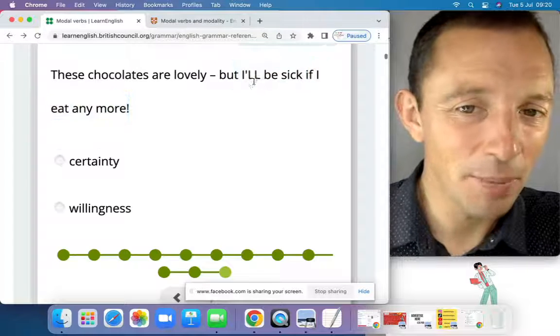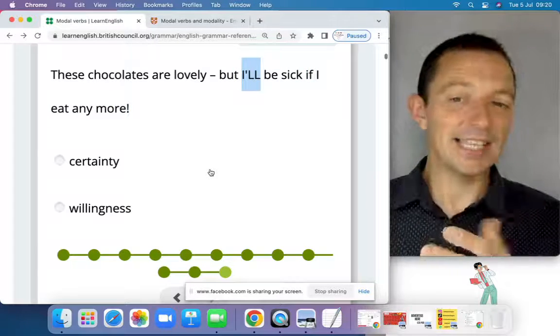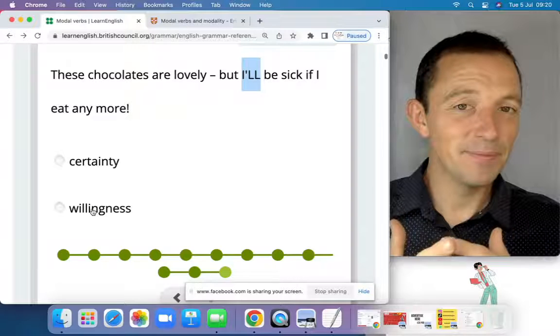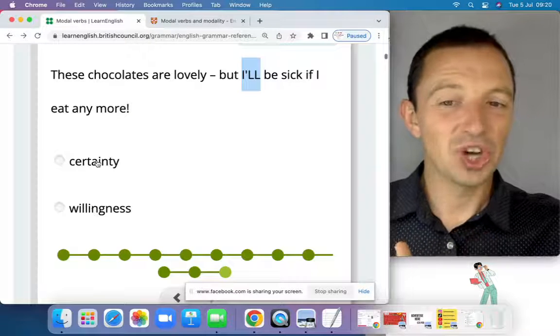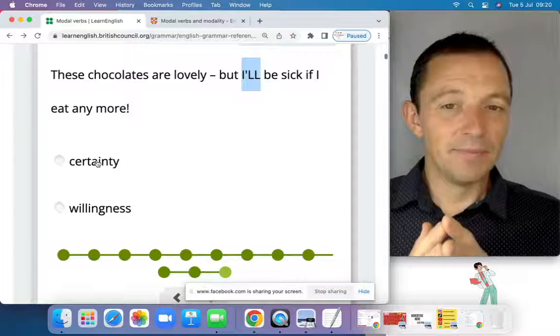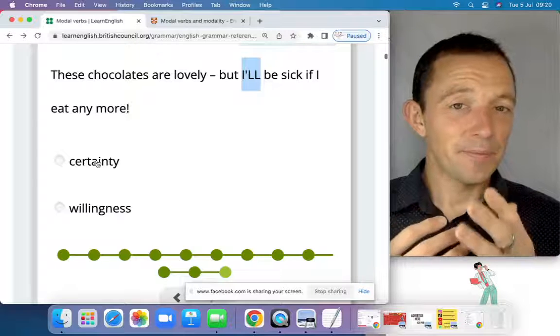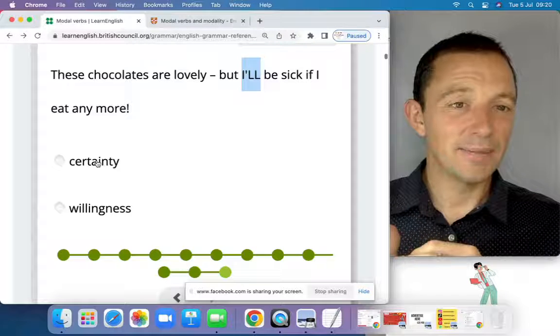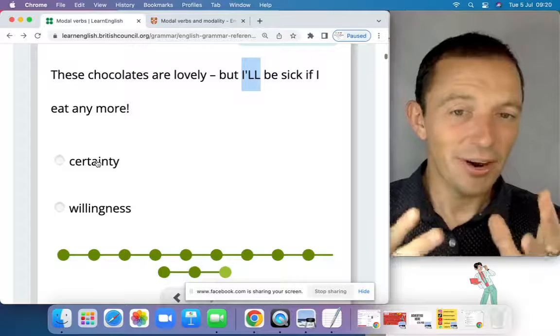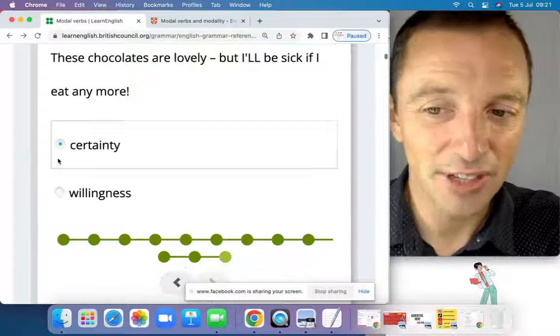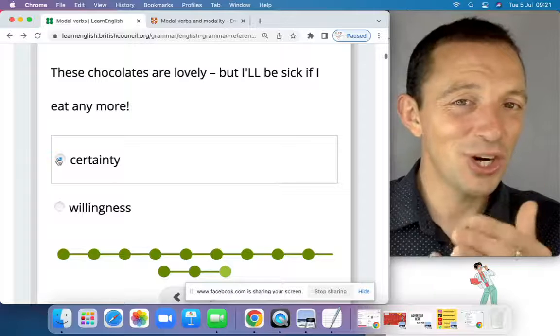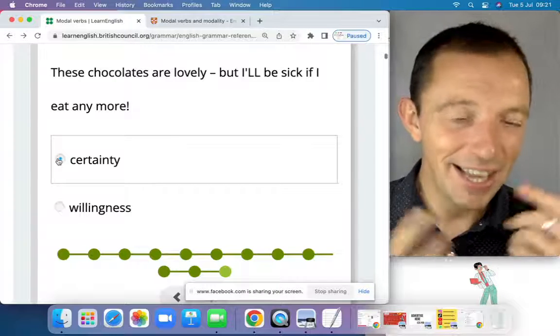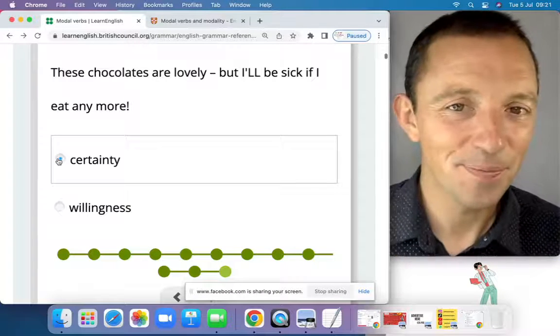So the modal verb is will, and in this case, is it willing? Are you content? Or are you certain? For me, it's very clear. What do you think is the correct answer? The correct answer, I think, is certain. I am sure, I am certain I will be sick if I eat more.